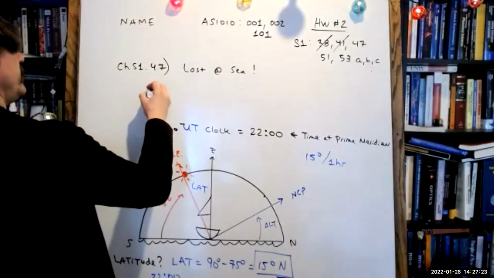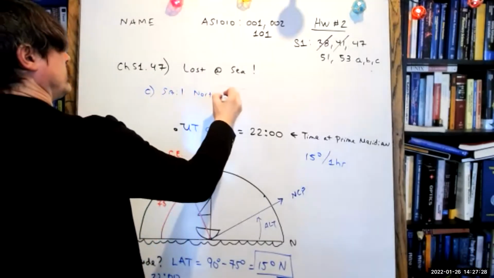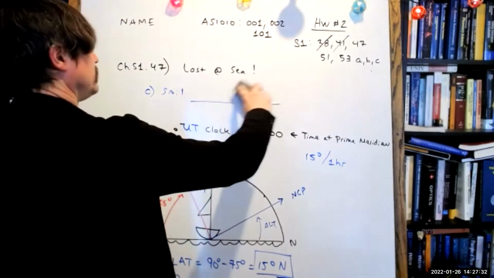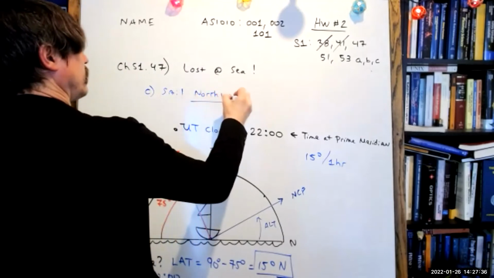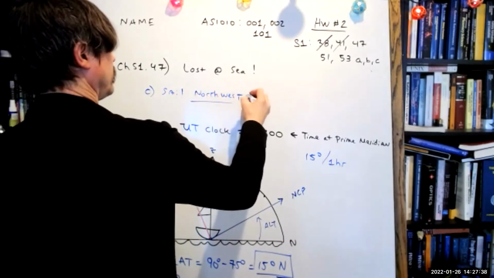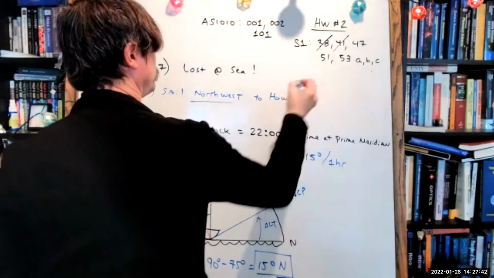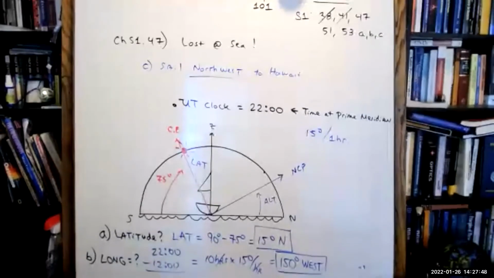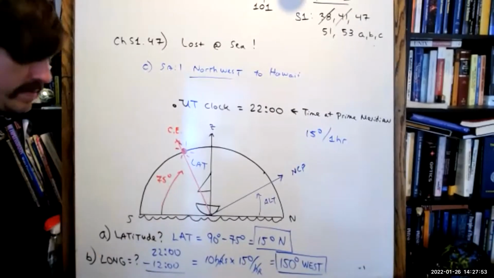So part C: sail northwest to Hawaii. Okay. Number 47 down.